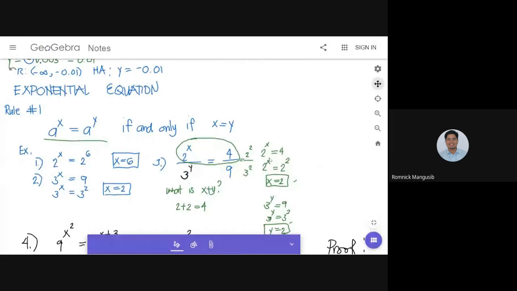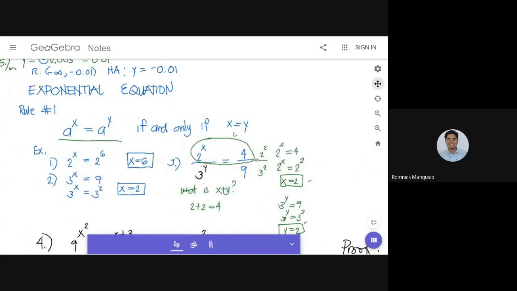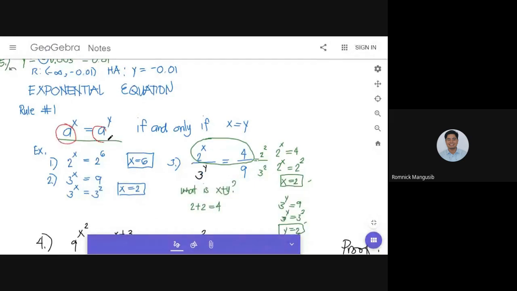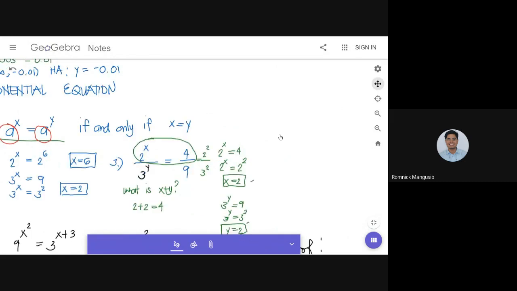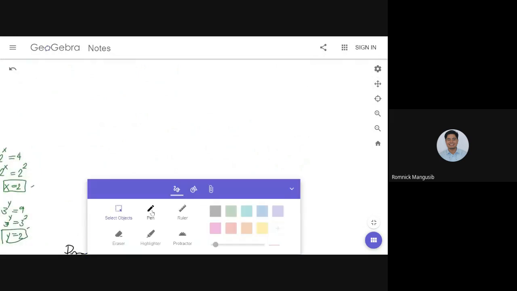Now let's move to rule number 2. Ang rule number 1 class, we call this one a same base rule. Same base rule. So ang rule number 2 ay same exponent rule. So here is rule number 2.